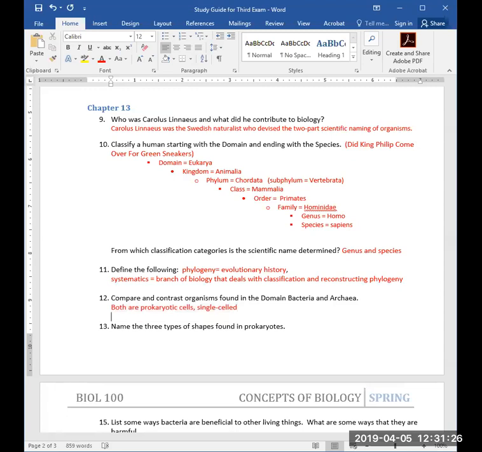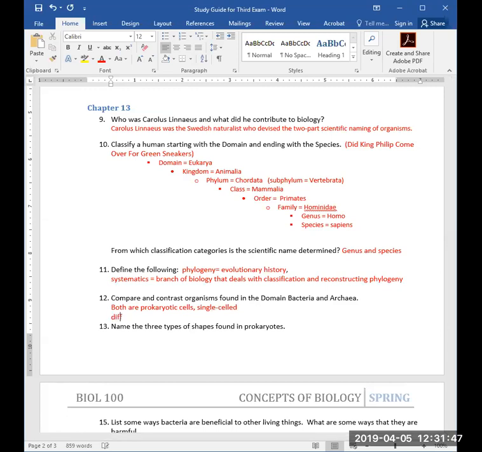All right, they differ in their components, what their cell walls are made up of. They have different organelles made of different components. And the way they metabolize and make things is different.